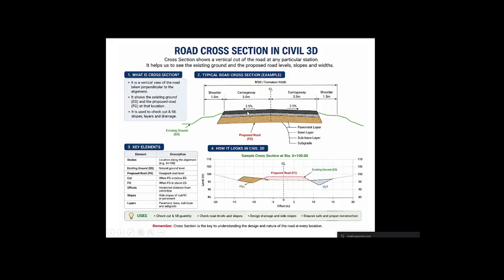This represents the proposed road or finished ground level, and this is the road we are going to build. Now in the middle, you can see we have the center line, CL. It is a reference line from which the road is designed on both sides.